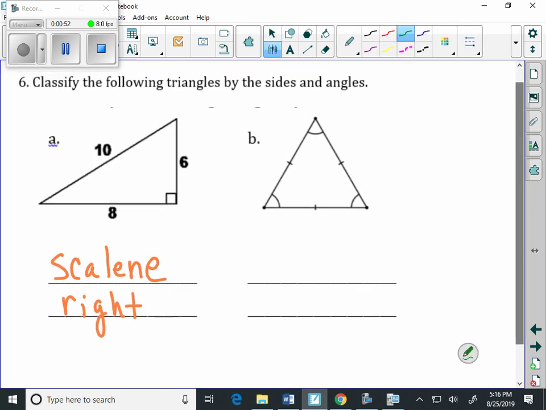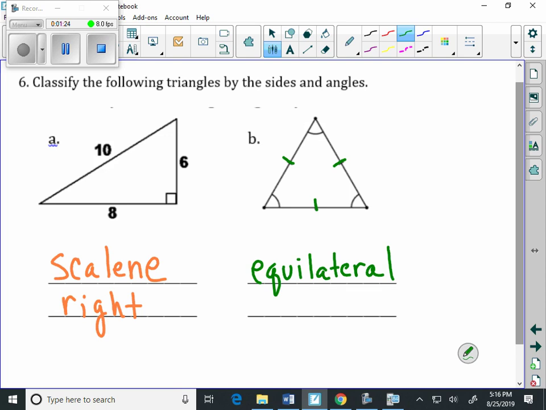Looking at letter B, we have to look at the tick marks in this particular problem. In the sides, we see 1 tick mark here, and we see 1 tick mark, and we see 1 tick mark. Those all 3 have 1 tick mark in them, which means that all of the side lengths are the same.